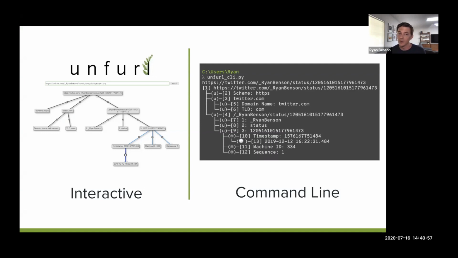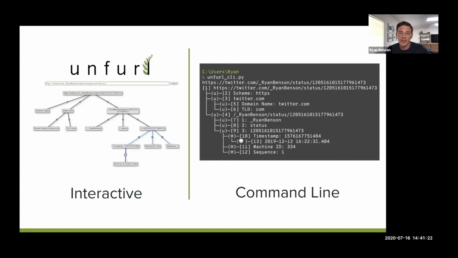There's also a 3D version of this that I made, mostly for an April Fool's joke, but you can unfurl things in 3D if you want. And if you happen to have a VR headset, you can actually unfurl things in VR. Again, that's also online. But there is an accompanying tool called the Unfurl CLI, which has all the same functionality as the GUI version. But if the command line is better suited for your workflow, here it is.